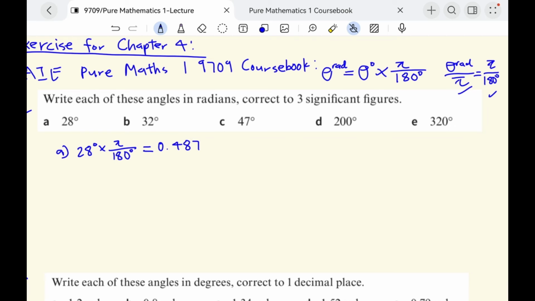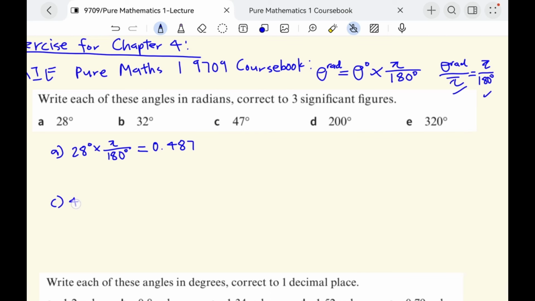And let's solve C. C is 47 degrees. To convert it, just use the same method as A. Repeat the same method, just replace 28 by 47. So you will get 0.820.